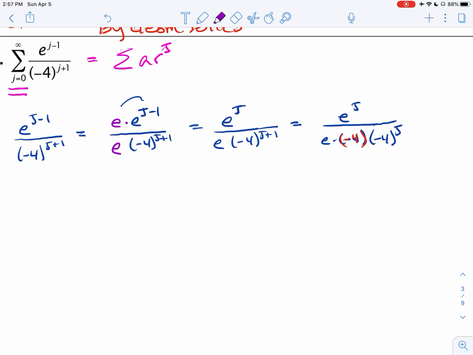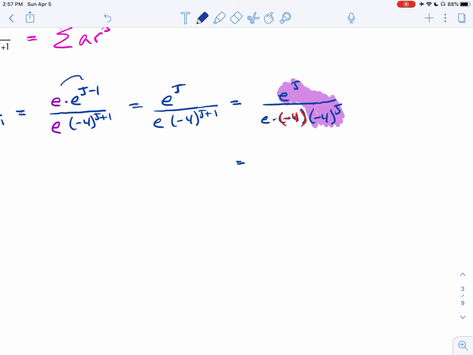And now I want to take my exponent rules and combine these guys, right? So I'm going to say that this is equal to, and I can pull the minus 1 over 4e times, and I can say that this is e over negative 4 to the j.